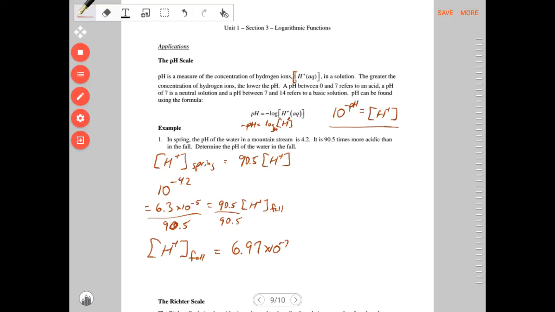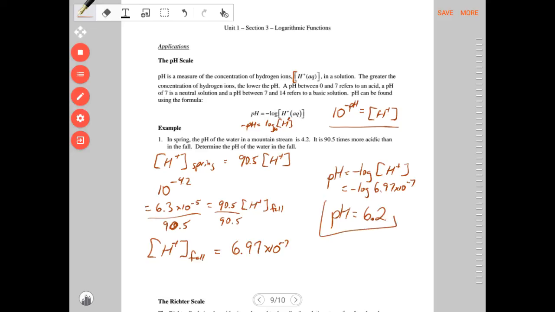Okay, we want to turn that into a pH. So remember, pH equals the negative log of the H plus. Okay, so in the fall, that's going to be negative log of 6.97 times 10 to the negative 7. So the pH in the fall is going to be 6.2.